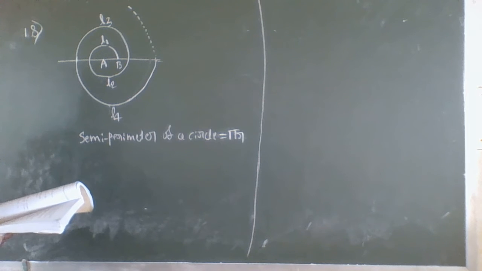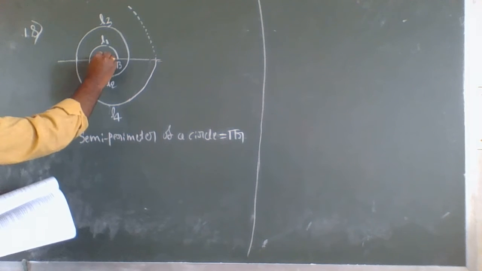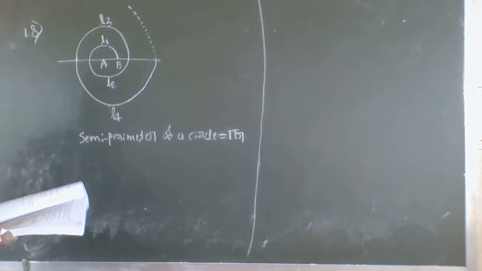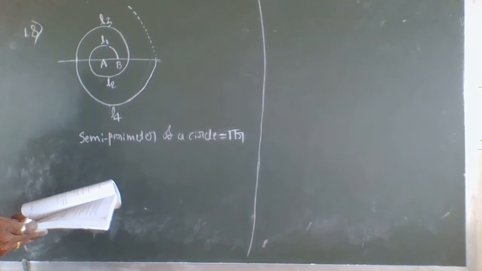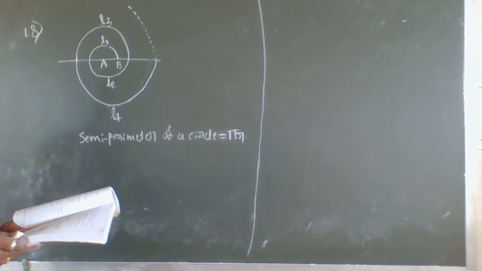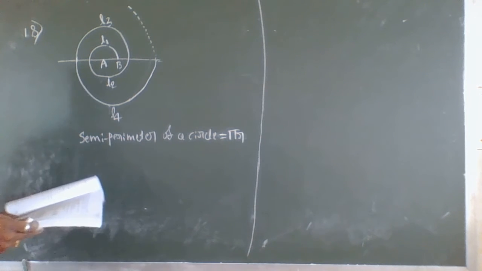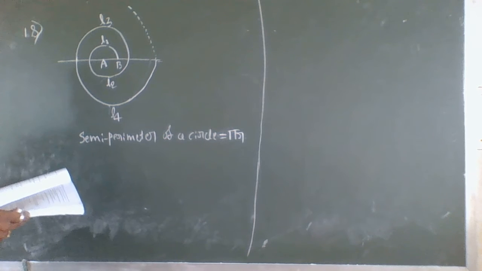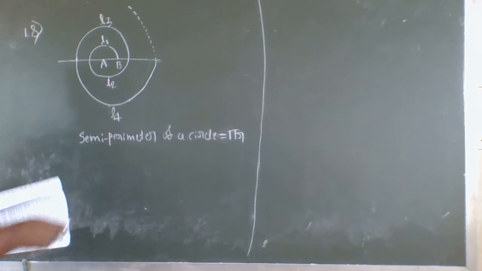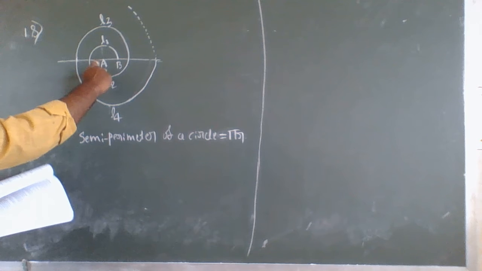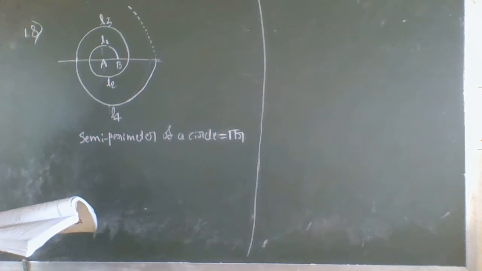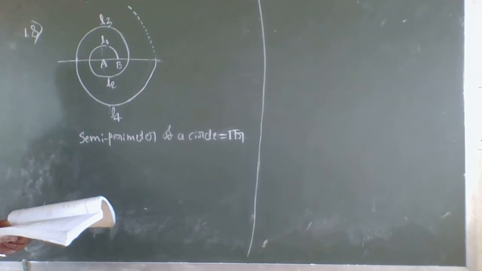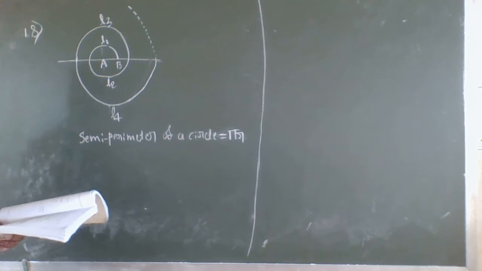Next, starting with center at A, the radii are 0.5 centimeter, 1 centimeter, 1.5 centimeter, 2 centimeter, like this. So the radii of the semicircles start with 0.5 centimeter, then 1 centimeter, 1.5 and 2 centimeter, like this, an increment of 0.5 centimeter in each semicircle.